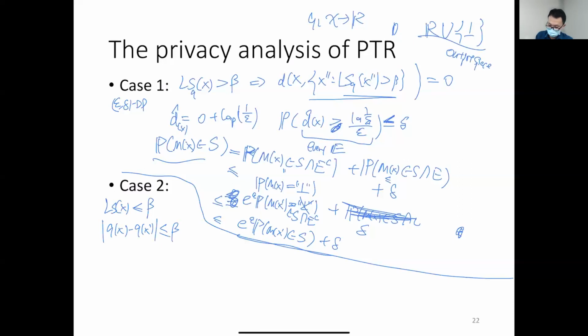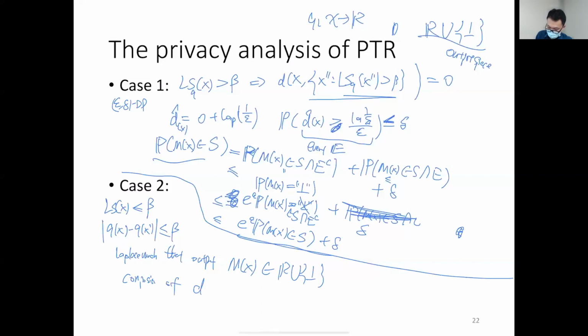Then this is saying that the Laplace mechanism outputs something in R intersect with perp. So this is a composition of two Laplace mechanisms.